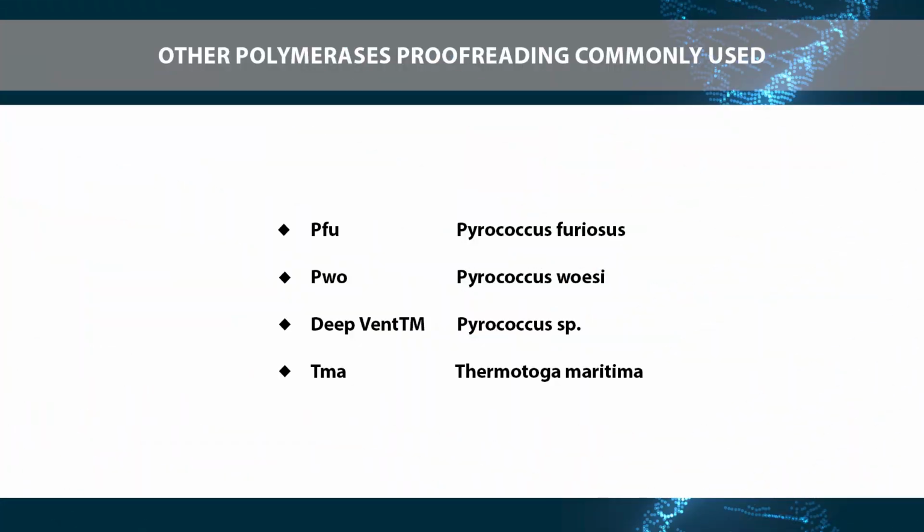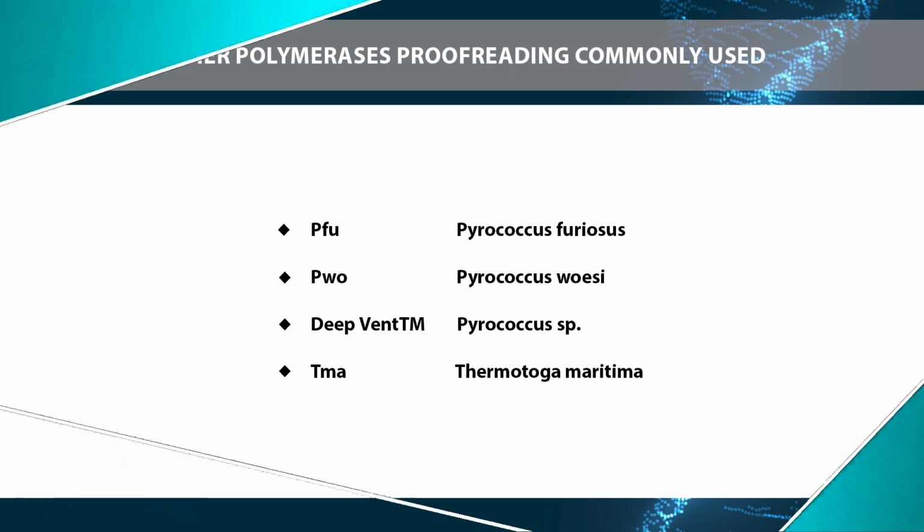Taq polymerase was isolated from Thermus aquaticus. The enzyme is thermostable, that is, it is resistant to denaturation when heat treatment is applied. Other polymerases commonly used are Pfu, Pvo, Deep Vent, and Tma, and these are isolated from Pyrococcus furiosus, Pyrococcus species, and Thermotoga maritima respectively.